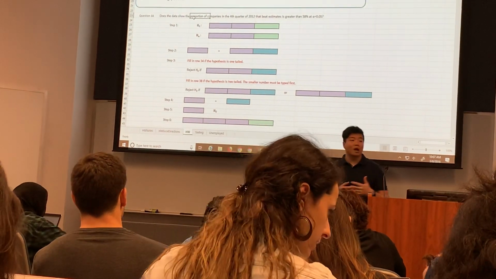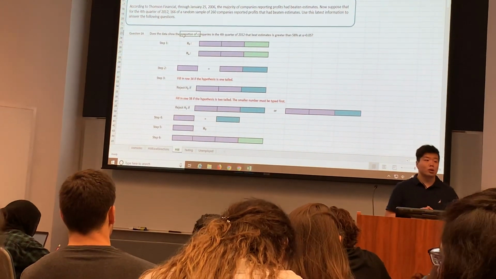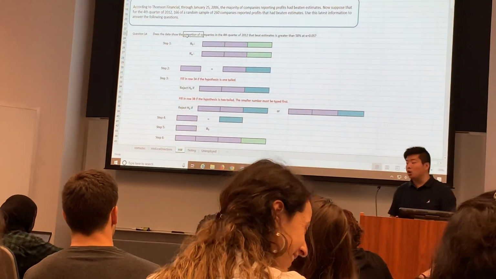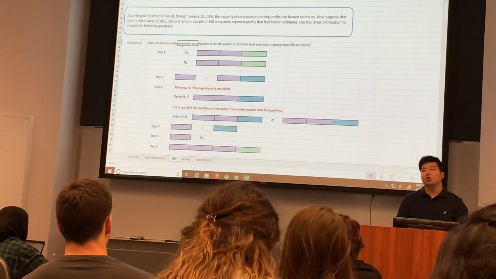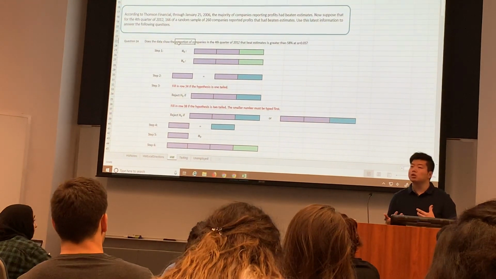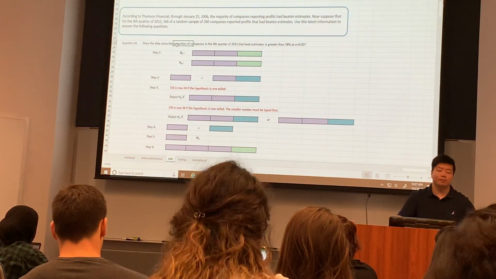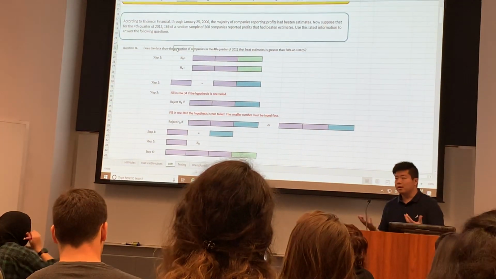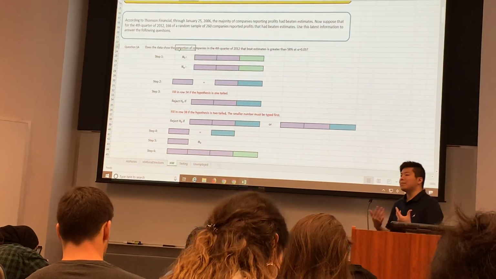I'm not sure if Dr. Smith or Dr. Bradman mentioned this in their lectures, but that is how we deal with proportion. So my first keyword is proportion, which tells me I'm going to use the Z table. And then, what is my second keyword here? Greater than 58%. What does that mean?